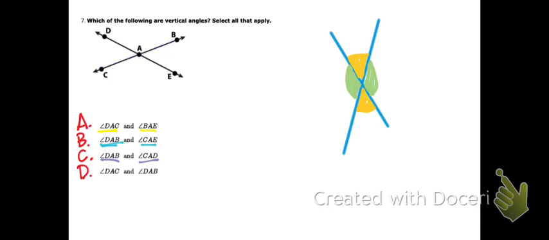And then lastly, D. D is saying angle from D to A to C. You're just connecting the dots in that order. Is that congruent to angle from D to A to B? Are these 2 vertical angles? If so, D is also the answer. So again, select all that apply and send me your answer to question 7.